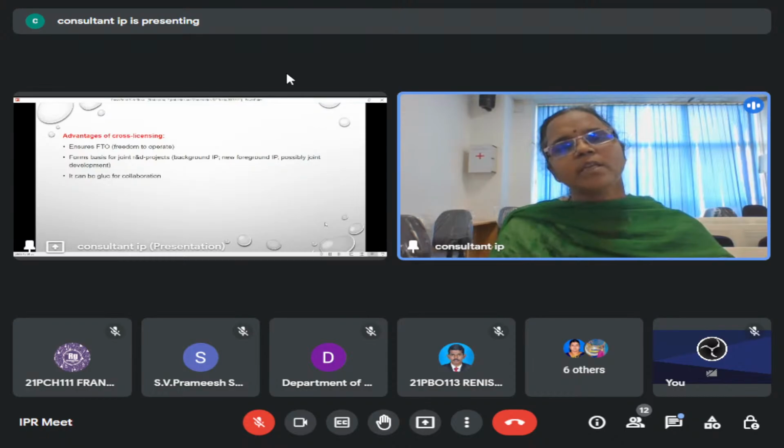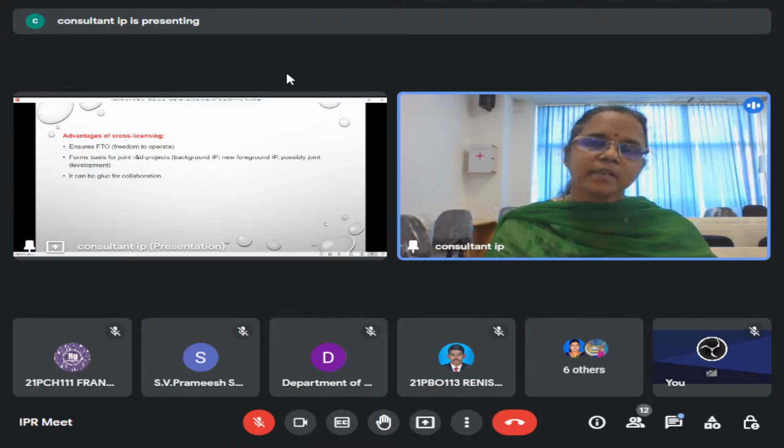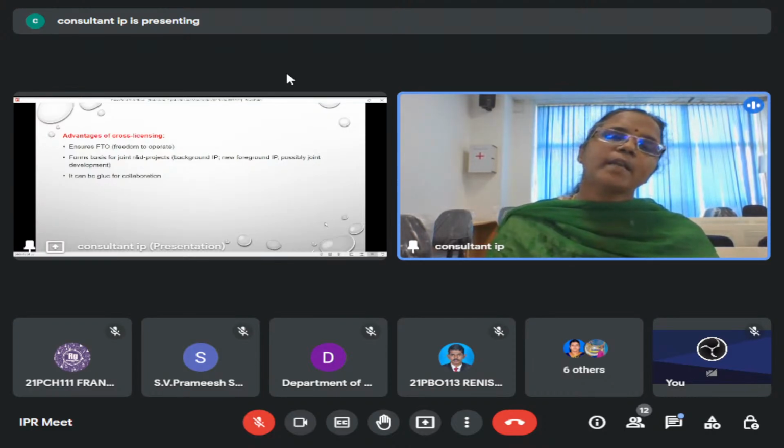This collaboration can be brought into academia so that when you go out to companies, they will have wider applications to license, which will be a lucrative, attractive offer for them.